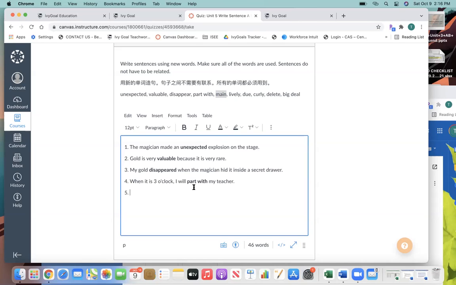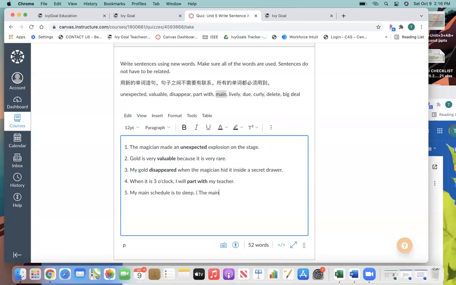Is that what you said? So a better way to say that might be the main part of my schedule is sleep, right? The main part of my schedule is sleep. That is the biggest part, right?